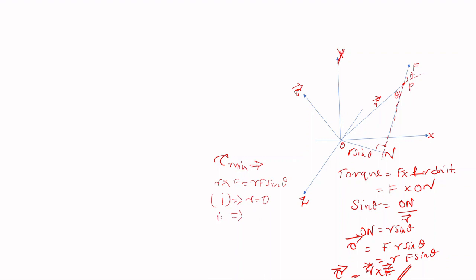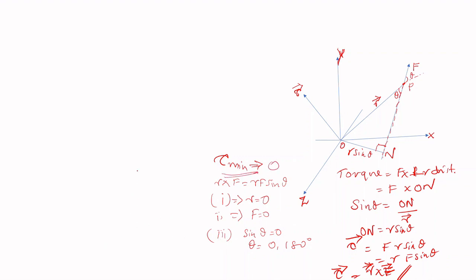Condition 2 is F may be equal to 0. And condition 3 is sin theta becomes 0. Sin theta becomes 0 at theta equal to 0 or 180 degrees. So if R and F are parallel or anti-parallel to each other, then the torque will be at its minimum value, which is equal to 0.